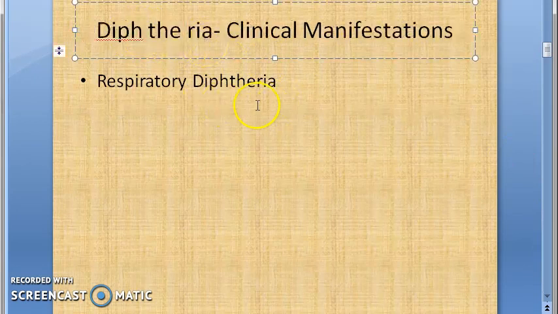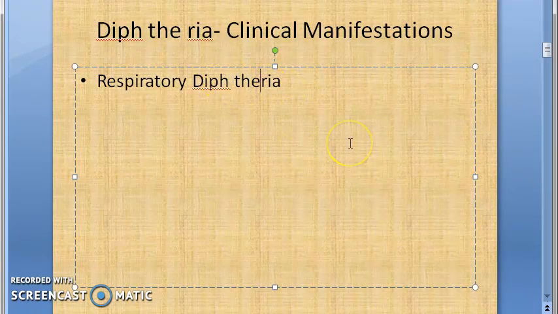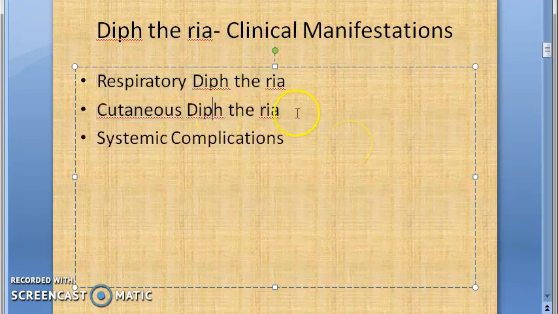You have respiratory diphtheria, cutaneous diphtheria, and you can have systemic complications.